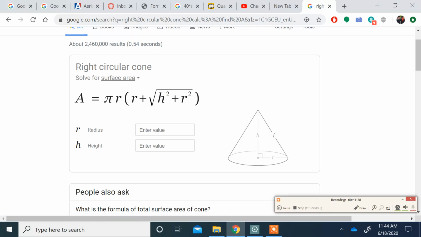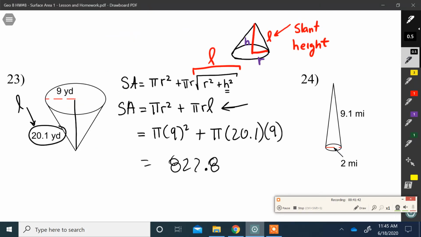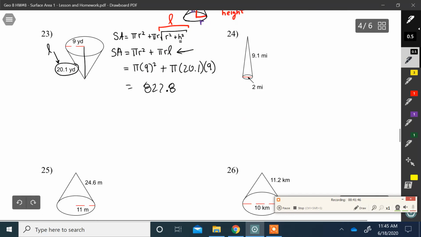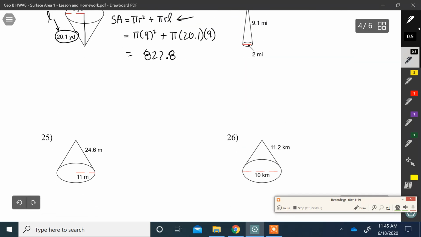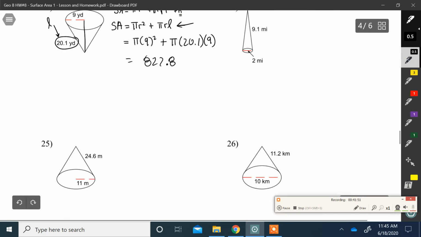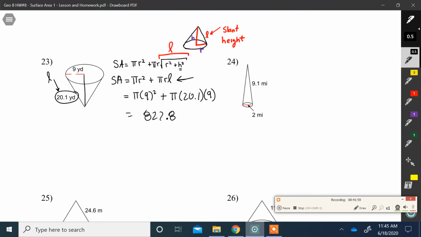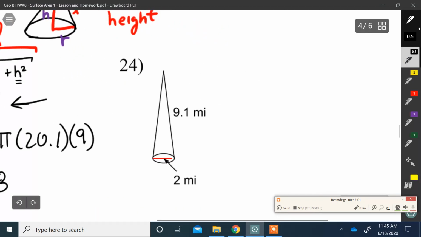Okay, so here is the surface area of a cone. On this one we can't really use it because we don't have the height, but if you did have the height, then you could totally use it. Okay, but I just wanted to show you that Google does have some of those things that you can use. Some of those calculators, they're called special calculators.